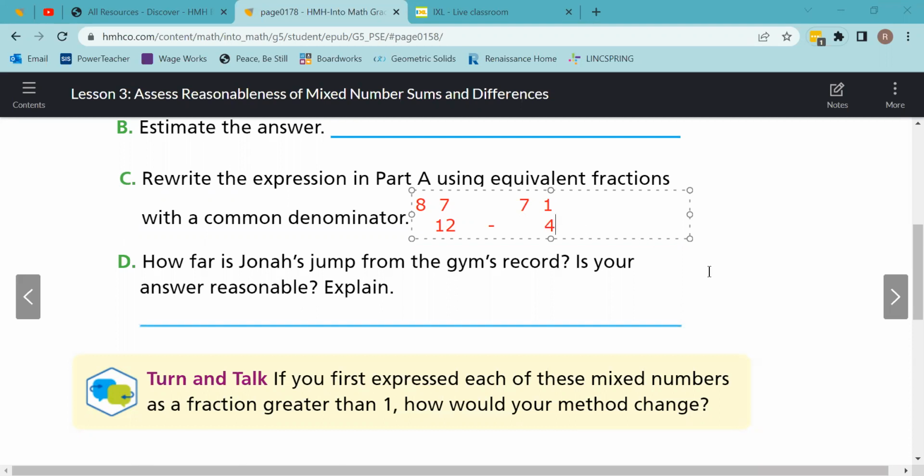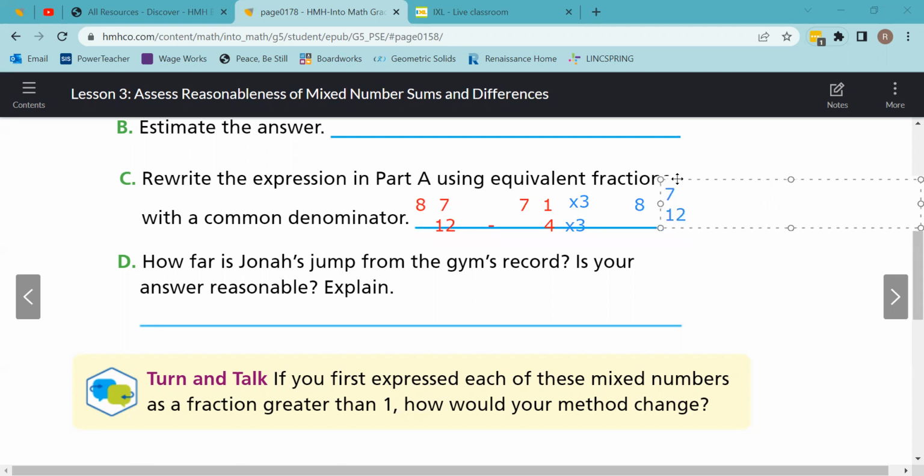So I'm going to leave the 12 alone. Change that 4 into a 12, take it times 3, take the numerator times 3. So we have 8 and 7/12 minus 7 and 3/12.